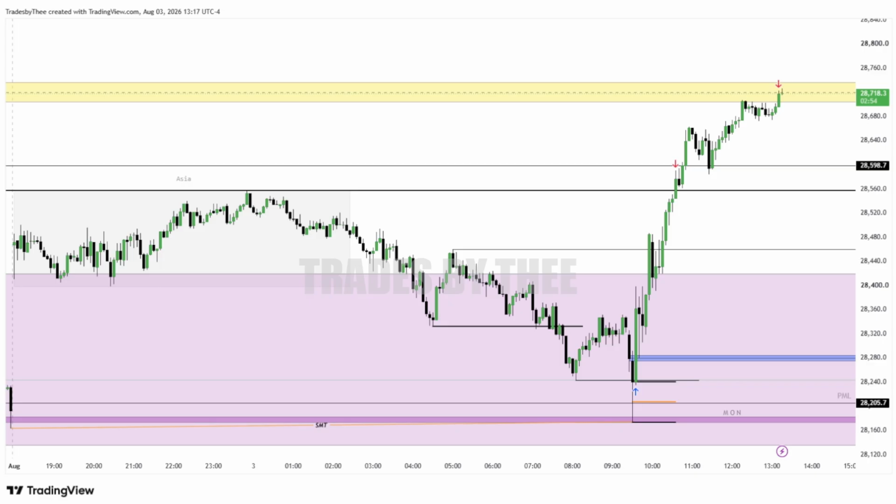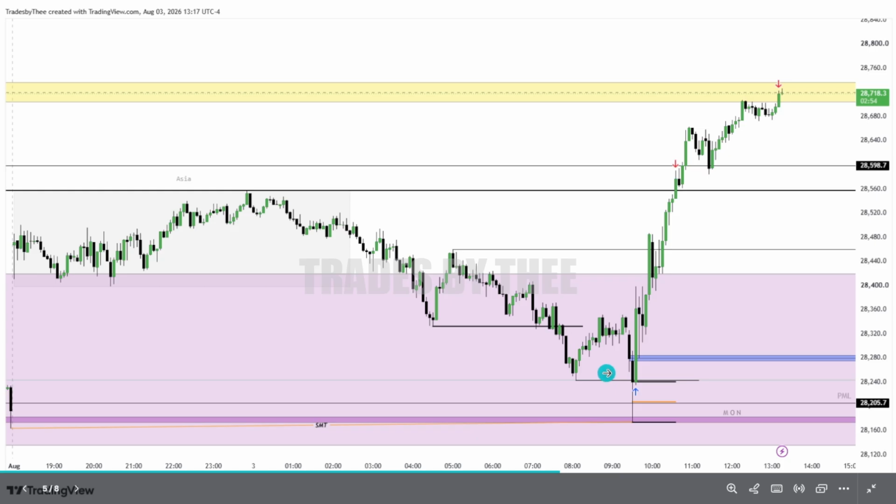The second philosophy that I'm working with is the logical liquidity target. You have to have a logical liquidity target where you intend to cover the majority of your position. So in my case, yes, I was anticipating that we're going to see price move even higher.